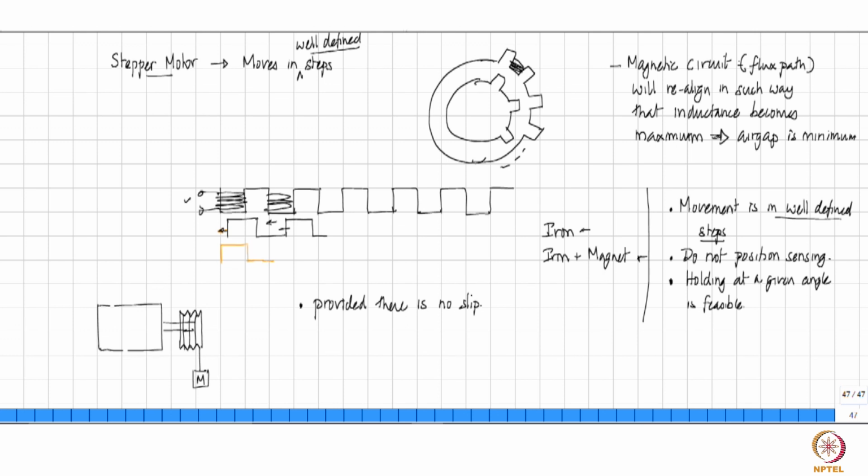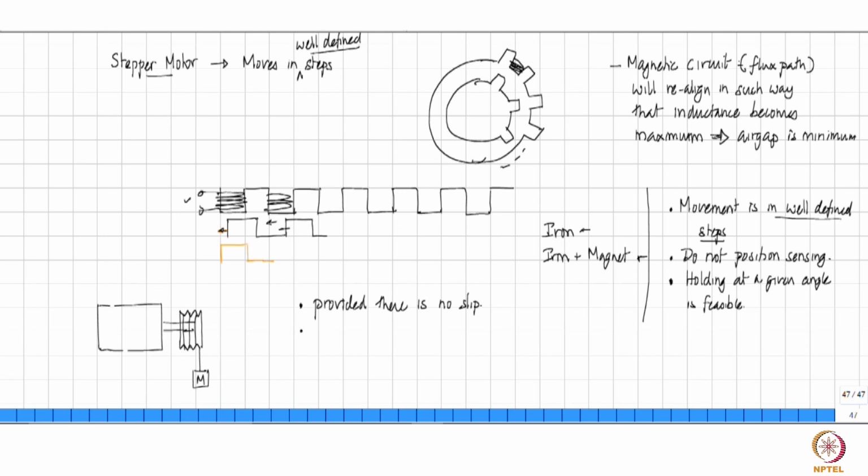And you want a high acceleration, then it means you have to move through very fast, and it may so happen that it may miss some alignments, if your acceleration is too high as compared to what the motor can really do, right? So if you really want to accelerate fast, then there may be a slip, and if there is a slip, you have lost information about the angle, right? You don't know how much it has slipped because there is no other feedback mechanism, and this is gone.